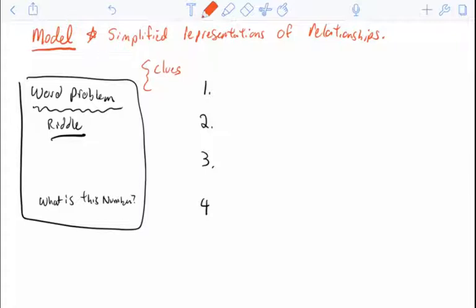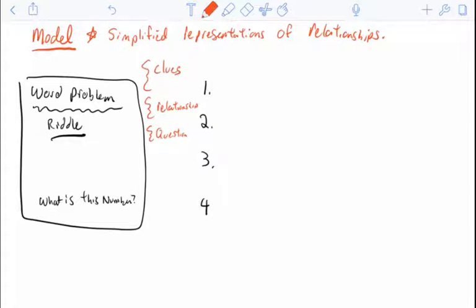Or you might say, the price of this has to be 4 times the price of that. Those are clues. In addition to that, there's a relationship between these clues. And then finally, there's an overall question, a number that you want to find.